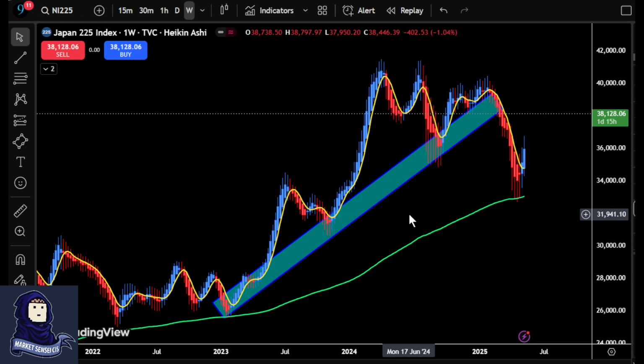So whenever it touches this zone and it goes down to this zone, there's some kind of a bounce back. So if you follow this kind of theory, pull back towards this zone, there's a strong rebound. So just wait for a pullback to this zone.